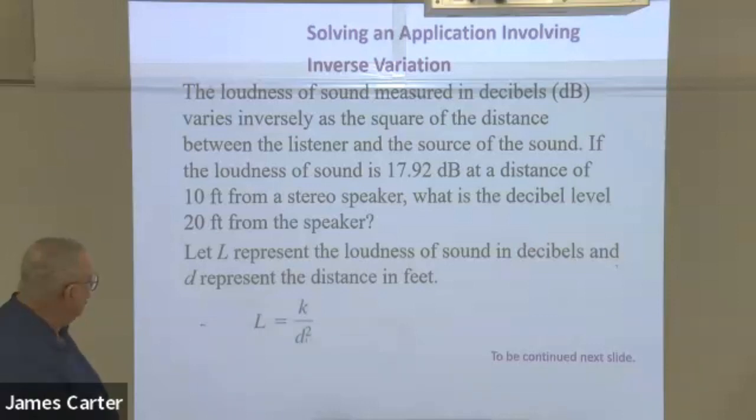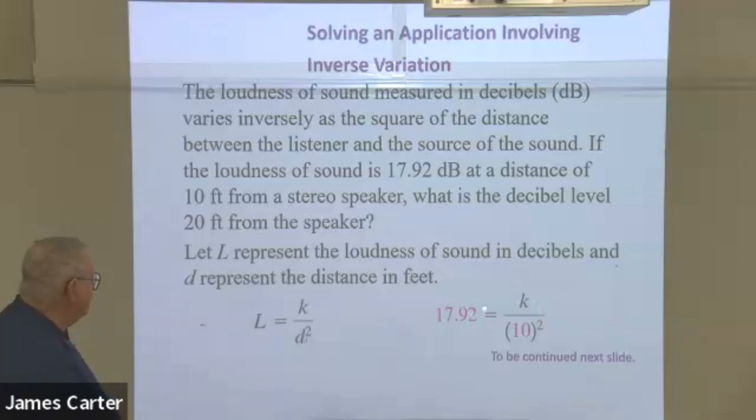Looks a whole lot like that electrical resistance formula, doesn't it? Except we have diameter instead of distance. Well, because this is inversely, the farther we are, the less the sound. The closer we are, the more the sound.